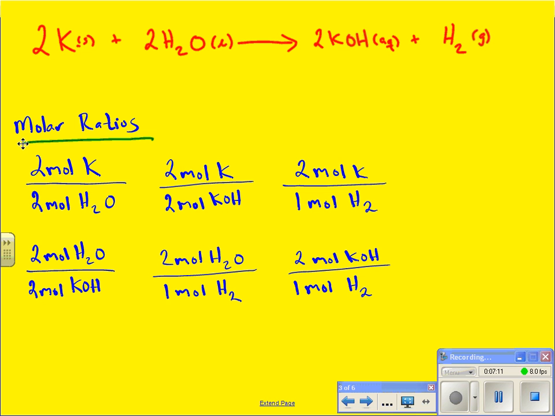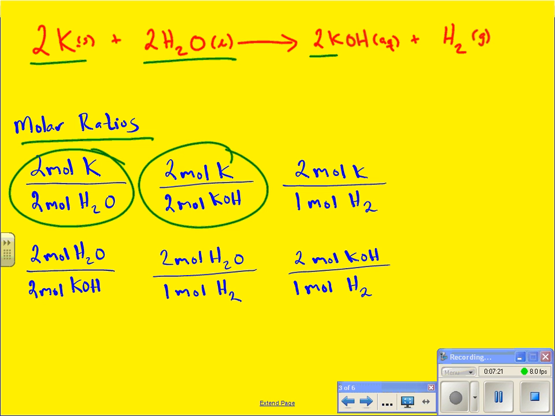All we're saying is, hey, for this one, look at this. 2 moles of potassium is related to 2 moles of water. 2 moles of potassium is related to 2 moles of potassium hydroxide, and 2 moles of potassium is related to 1 mole of H2. So that's all these ratios do, is relate those to one another. And remember, the inverse of these is also true.